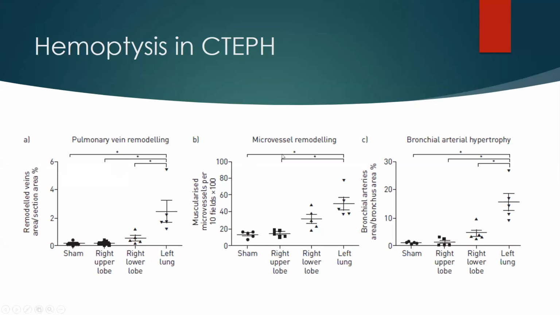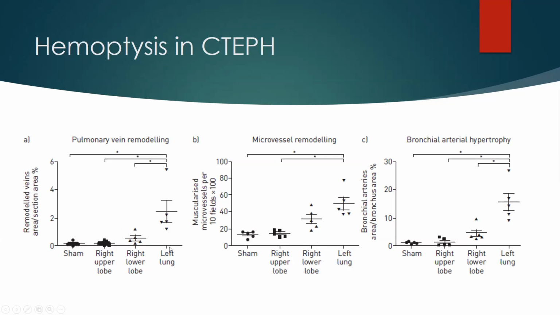We're going to look at the pulmonary vein, microvessel remodeling, and bronchial artery hypertrophy. In the right upper lobe, these are vessels that were essentially unobstructed. In the right lower lobe, they repeatedly embolized an area, and then in the left lower lobe, they completely ligated the vessel. And you can see that essentially there's concordance, right?